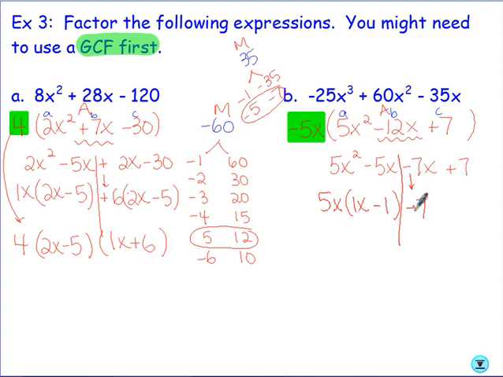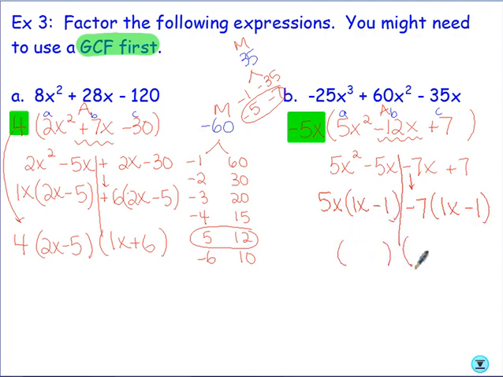I gotta bring that negative down. Negative 7 divided by negative 7 is positive 1, x. And positive 7 divided by negative 7 is negative 1. Do my parentheses match? Absolutely.